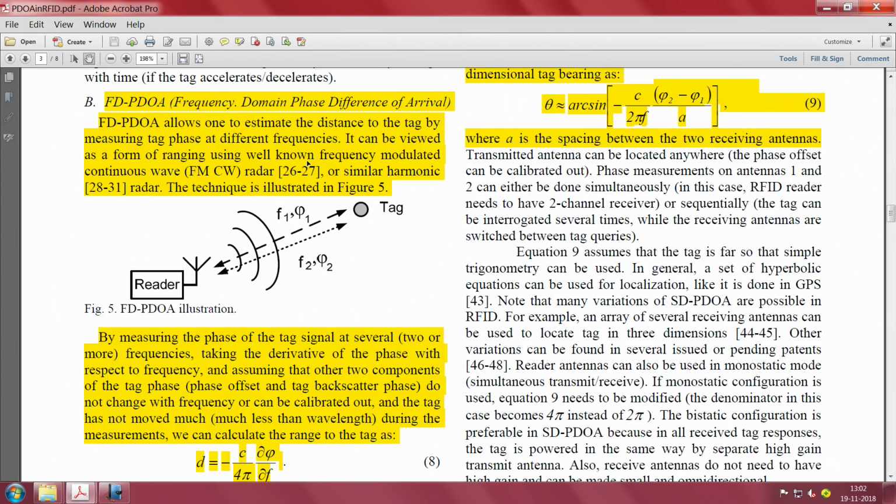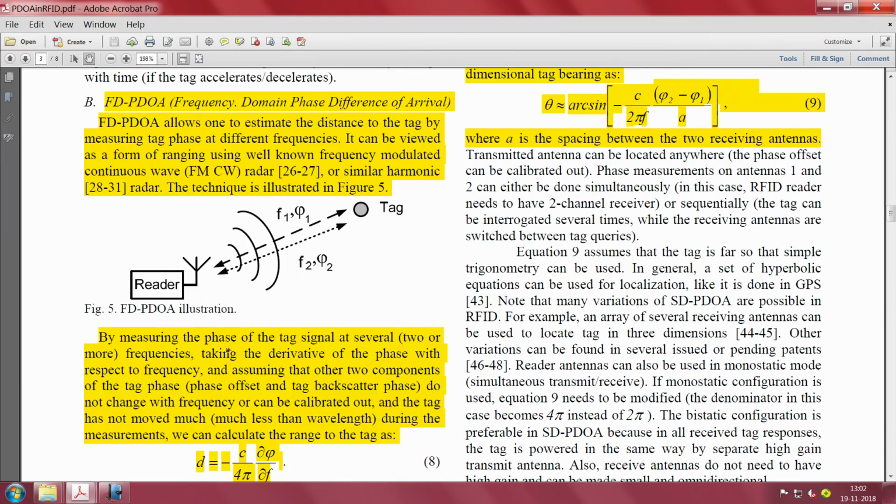And by the way, this technique is also something that FMCW radars, which are very popular in automotive applications, actually use, and this paper is trying to make a parallel to that. So, the technique is quite simple.